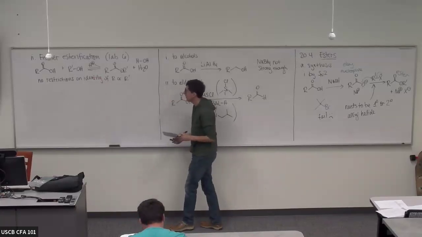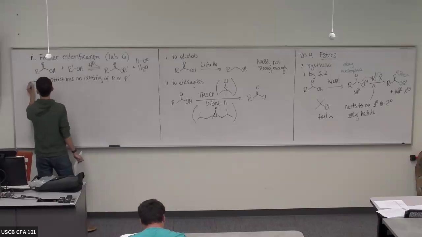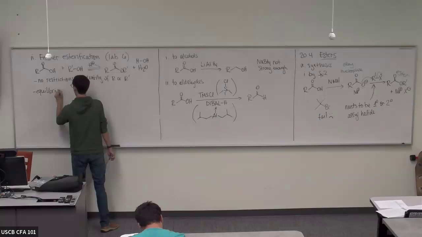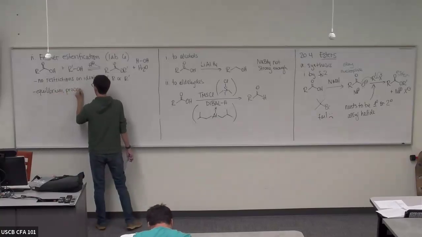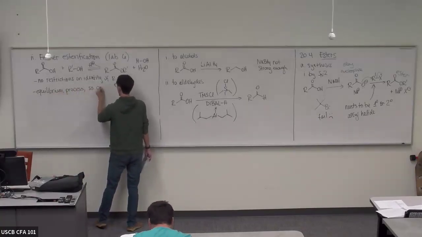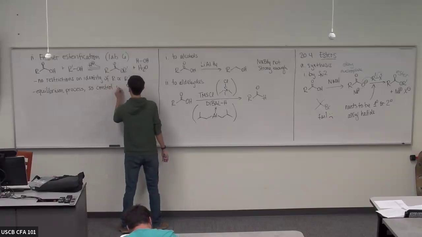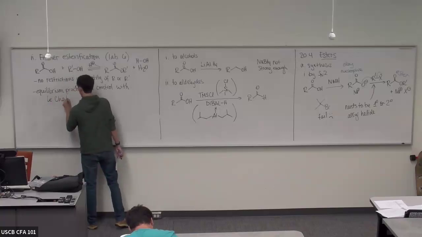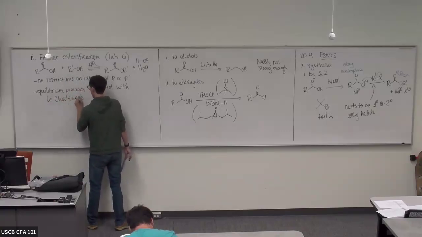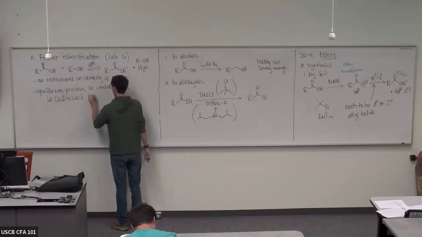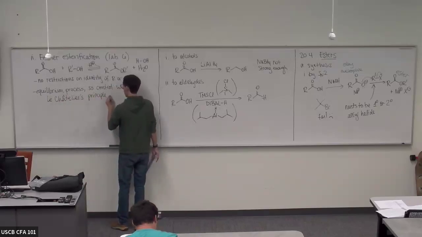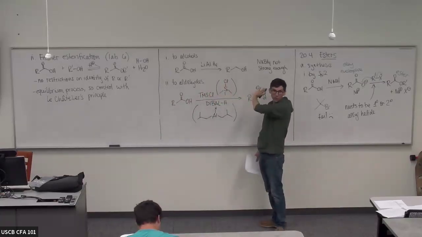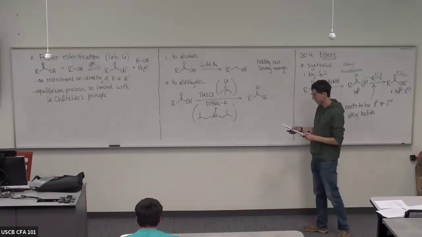So we've got an equilibrium arrow here. Equilibrium process. So we're going to use Le Chatelier's principle to control whether we get a lot of product or not a lot of product.